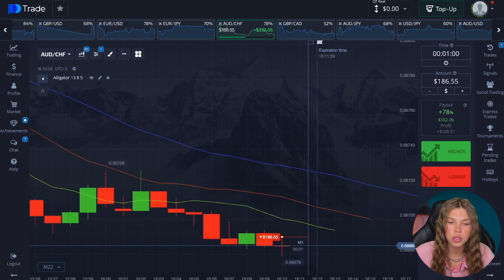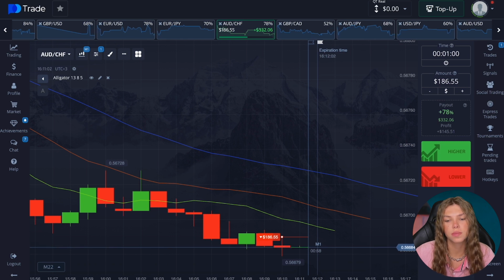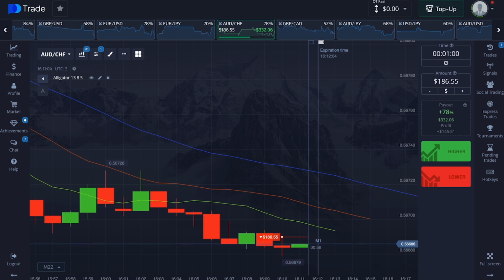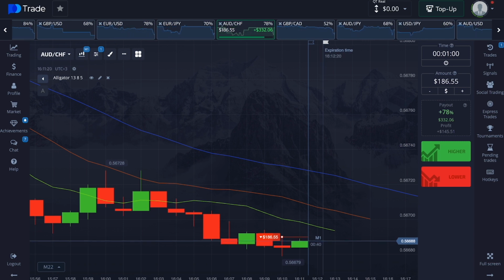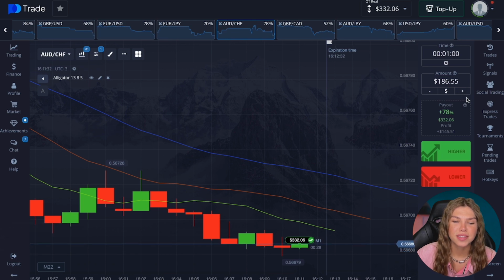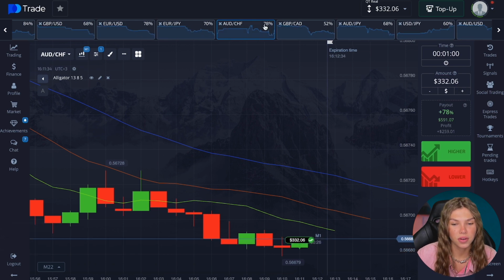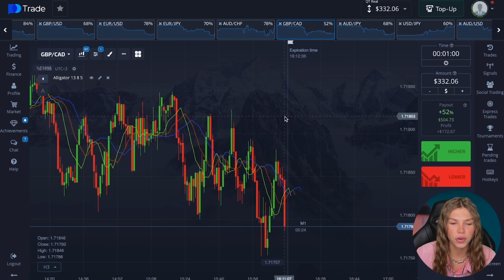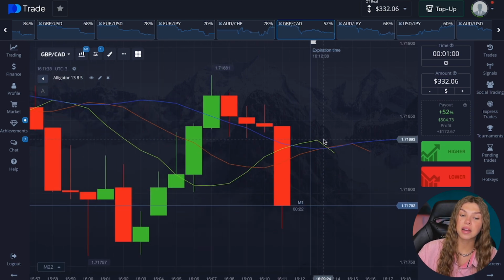Accordingly, here we are sure that the chart is moving down, so we trade here. That's great, that's a plus. The balance is 332, great.